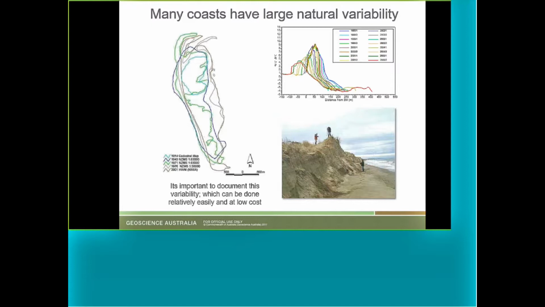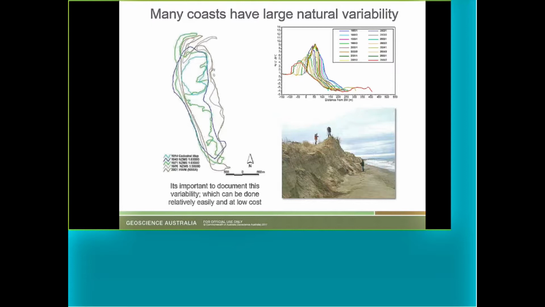This example here shows an island, a sand island, from New Zealand in this case. The left-hand side of the screen shows a series of maps of the position of that island as mapped by GPS instruments. So this is a very standard, rapid tool that we can use to capture the data, to document the scale of change, and then put that into the context of the erosive impact of that change and any property loss that may be associated with it.